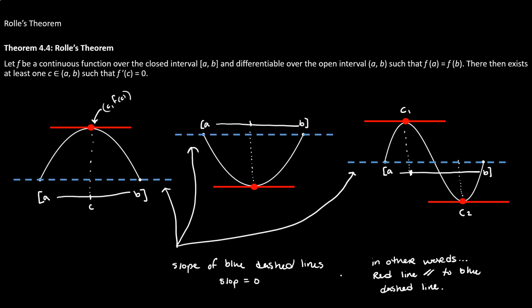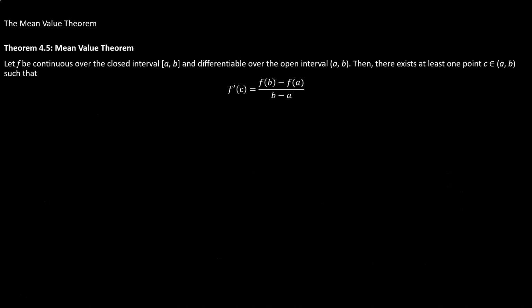So Rolle's theorem is guaranteeing that we have a critical point, and we can interpret this in another way, saying that the slope of our tangent line is equal to the slope created by the left and the right endpoints. Well, that's exactly what the mean value theorem says.